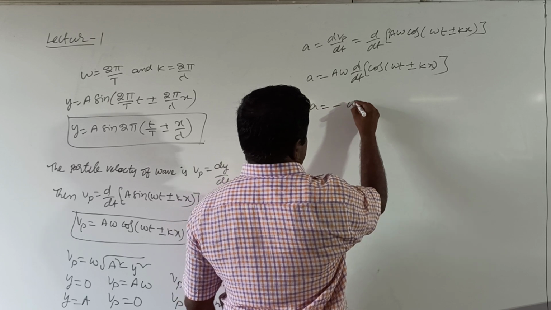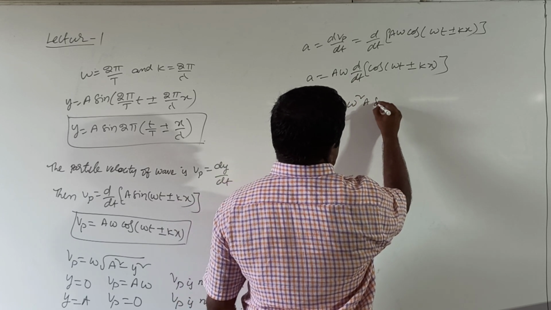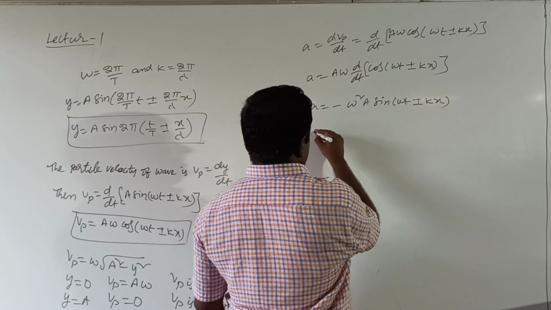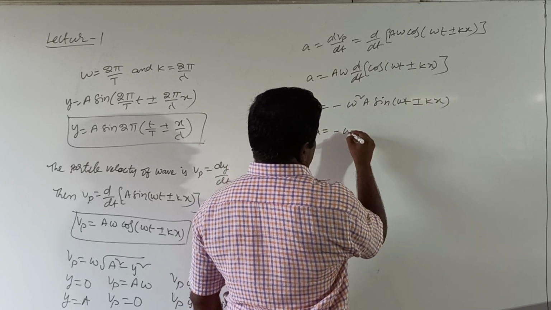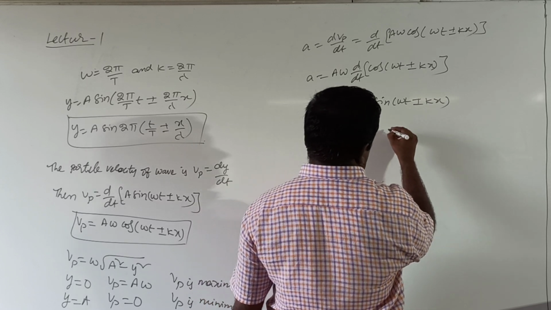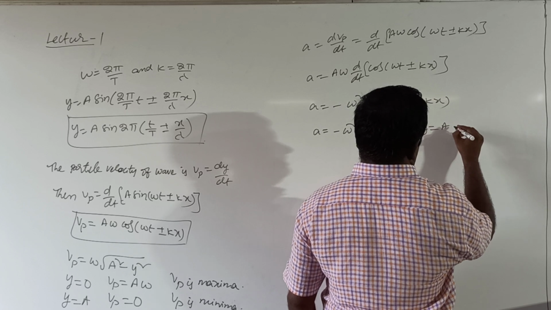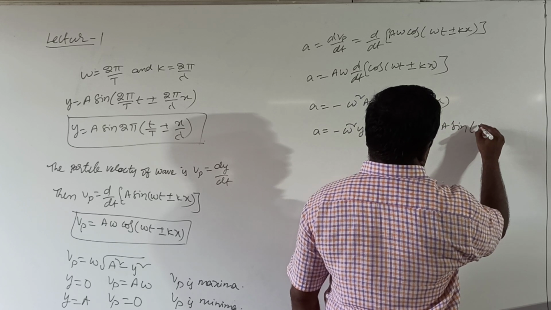Then A equal to minus omega square a sin(omega t plus or minus kx). Then A equal to minus omega square y, where y is the displacement of the progressive wave, a sin(omega t plus or minus kx).